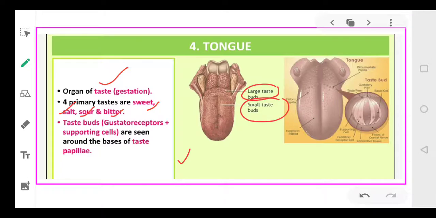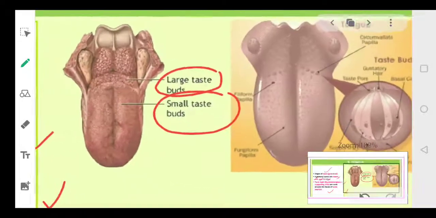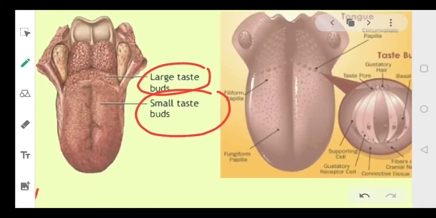So these taste buds indicate different tastes, and these taste buds are nothing but gustatory receptors plus your supporting cells, and they are present around the base of the taste papilla. So on your tongue your taste papillae are present, right.